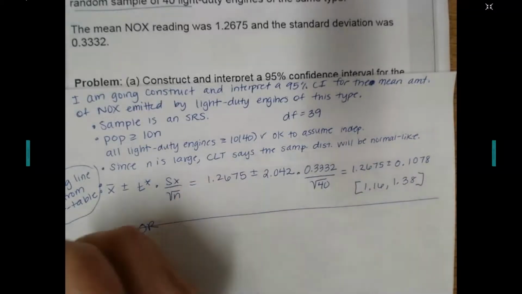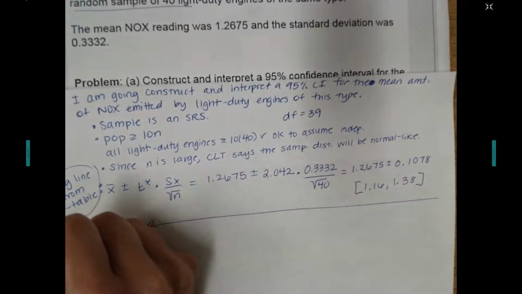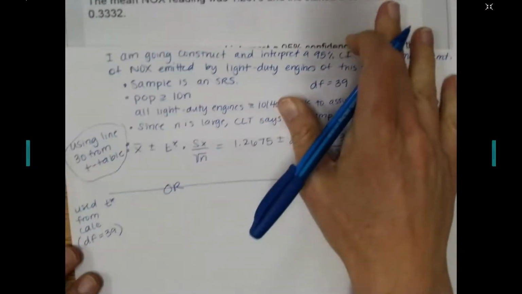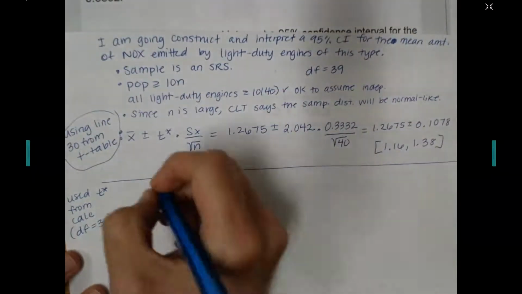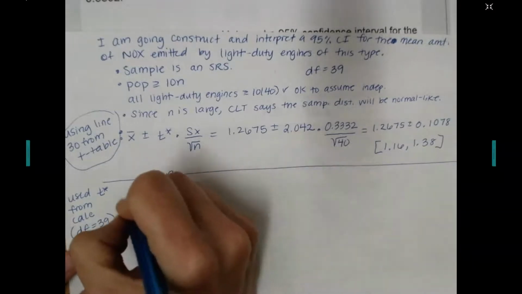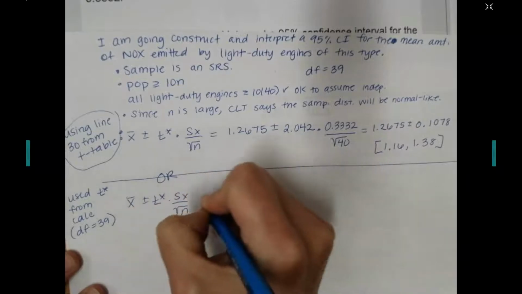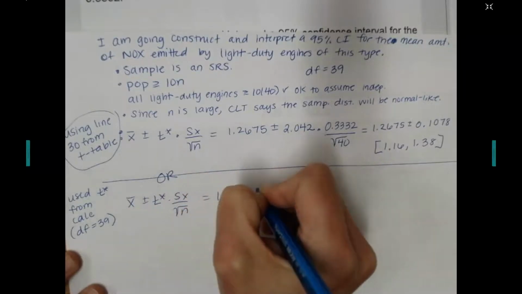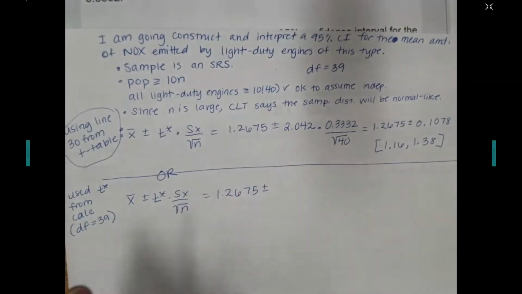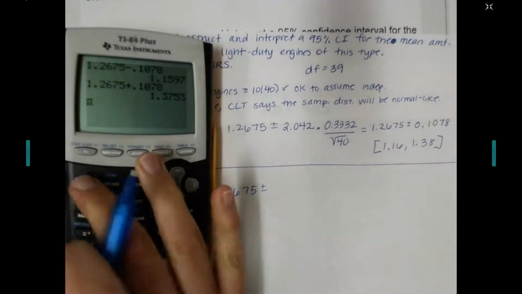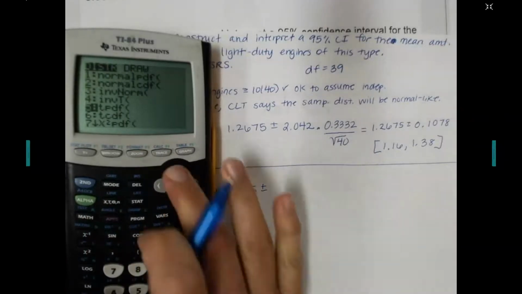Or I could have used t star from the calculator, degrees of freedom 39, okay? So here's how this is going to be different. I would still show the same formula and still have the same mean, but I would find my t star by going to second vars, inverse t.